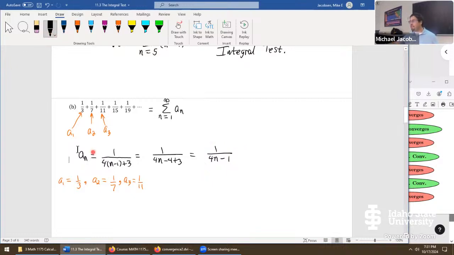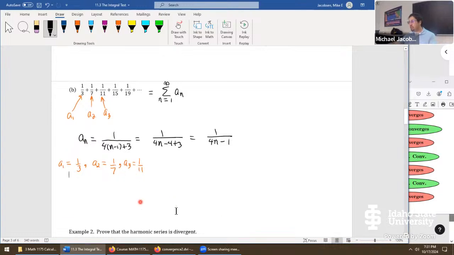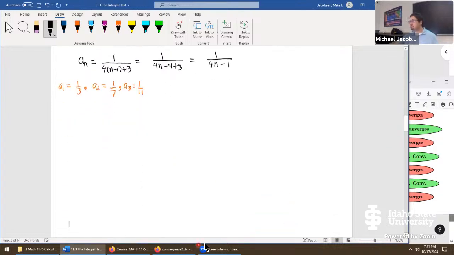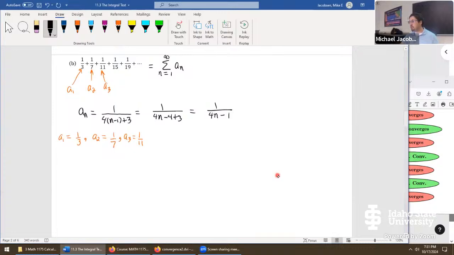But with all that work, we can now say the summation as n goes from 1 to infinity of a_n is equal to the summation as n goes from 1 to infinity of 1 over 4n minus 1.